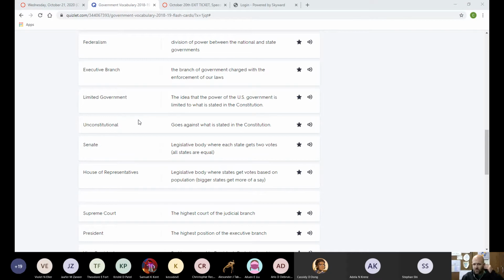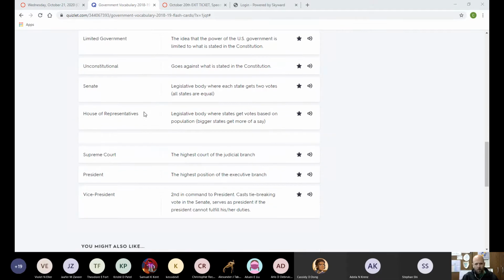Then we have unconstitutional, goes against what is stated in the Constitution, and that's usually, again, brought up in a Supreme Court case. The Senate and the House of Representatives, these are the two chambers or two parts of the Congress. The Senate has an equal number of representatives, 2 per state. That number never changes.